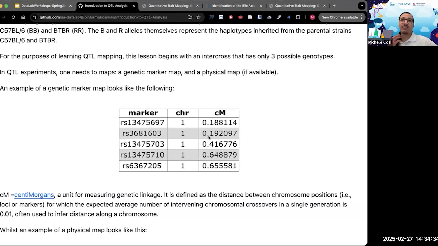A high centimorgan will be higher than 1. So 1.0 is not necessarily low. A high centimorgan is 50. That's the highest centimorgan, meaning that, ideally, these two things are not close to one another.